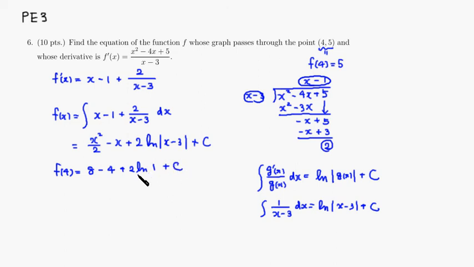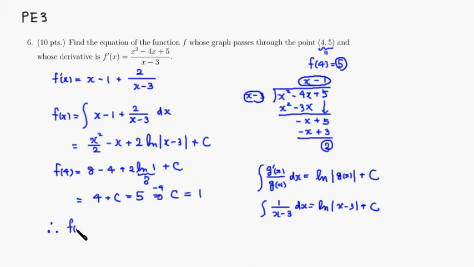But the natural log of 1 is 0. So this simplifies to 8 minus 4 plus 0, which is 4 plus c. And it's supposed to be 5, so set that equal to 5. Then we subtract 4 from both sides to find c. c is positive 1.